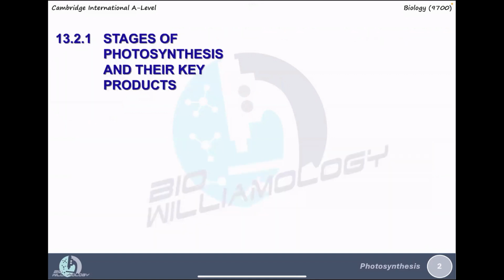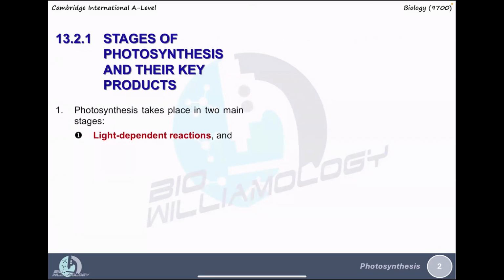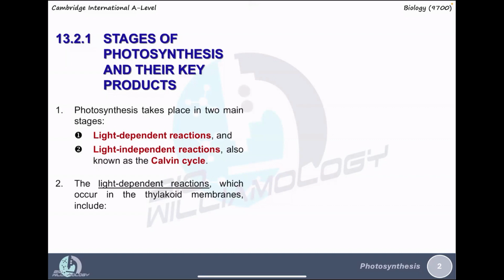First question here: what are the stages of photosynthesis and what are their key products? So photosynthesis takes place in two main stages, which are light-dependent reactions and light-independent reactions, which is also known as the Calvin cycle.